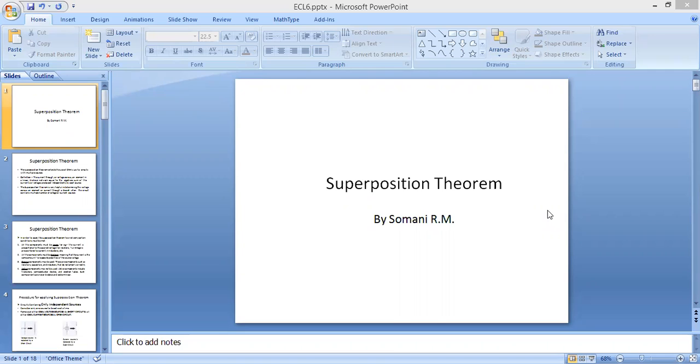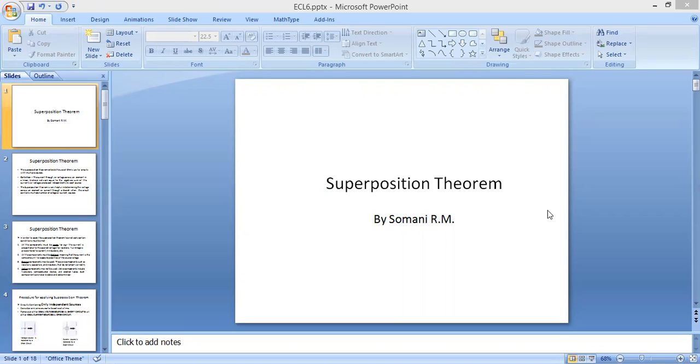In the previous session, we have studied Kirchhoff's current law, Kirchhoff's voltage law, node analysis, mesh analysis, source transformation, and source shifting. Kirchhoff's current law states that the current incoming at a node is equal to the current outgoing at that node.